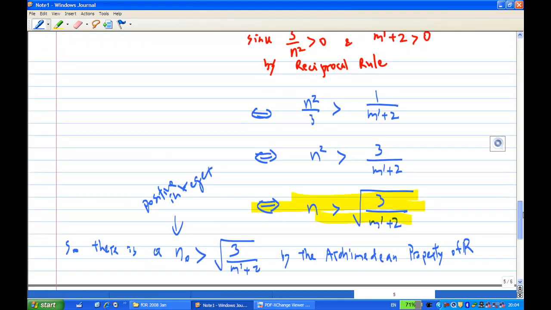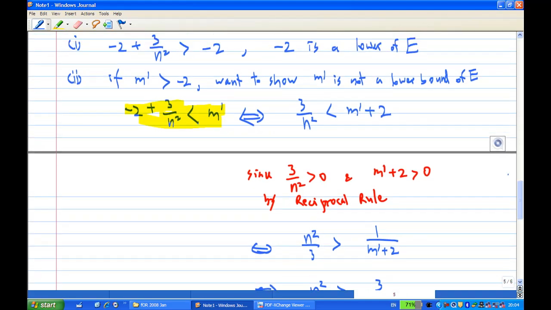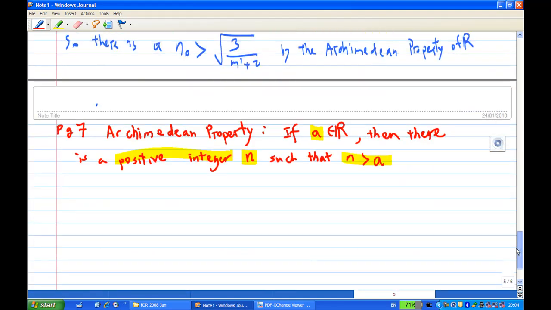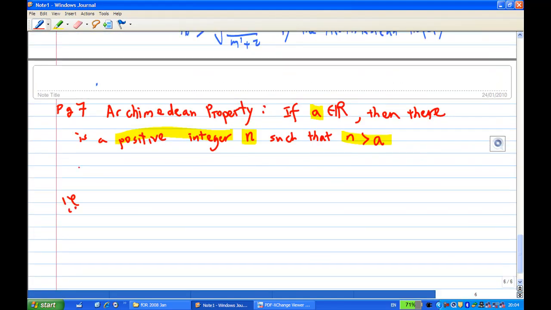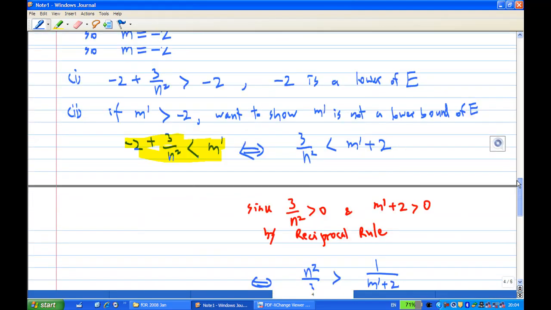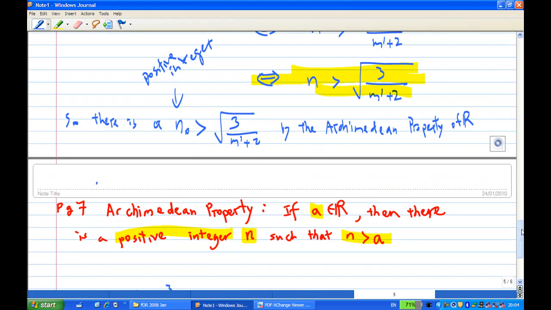So if this is true, then we can trace back to the above inequality: -2 plus 3 over n squared less than m prime. I know that there is an n0 such that -2 plus 3 over n0 squared is less than m prime.